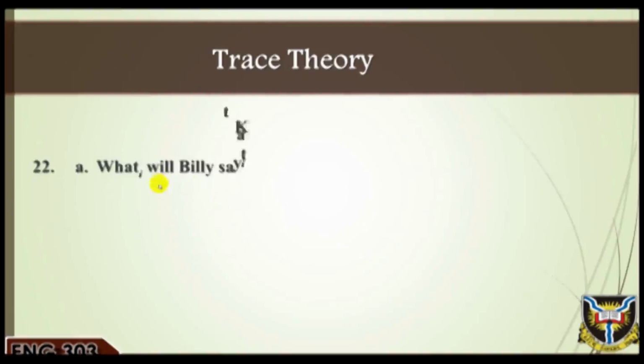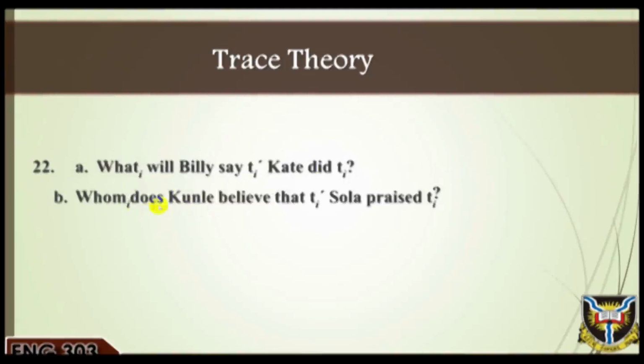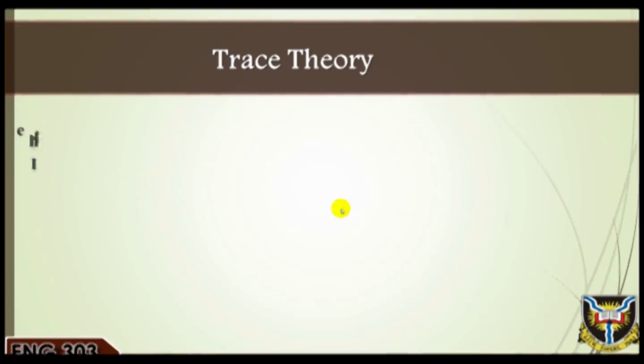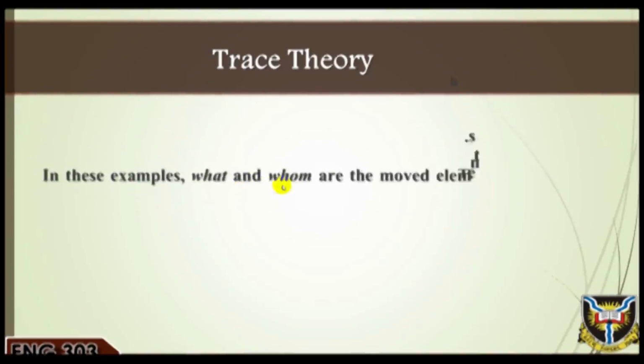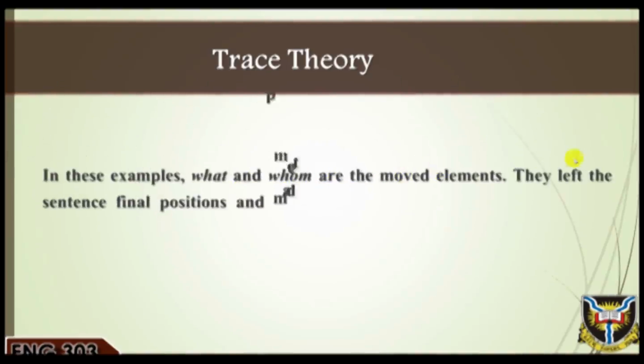22. a. What will Bill say? Kate did it. b. Whom does Kunle believe that Shola praised? In these examples, what and whom are the moved elements.